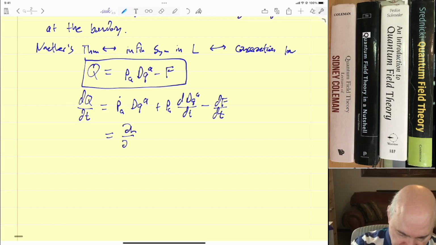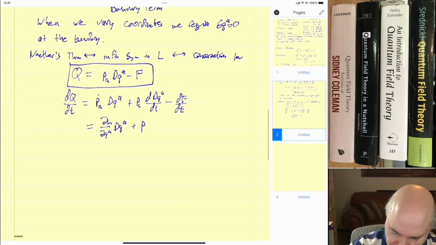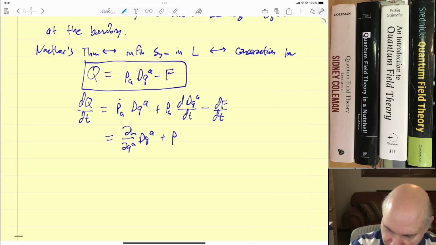It's just the derivative of the Lagrangian with respect to the velocity.